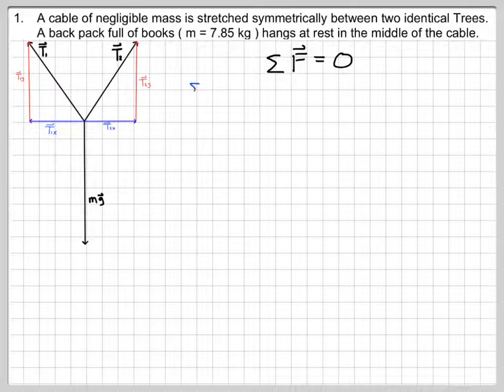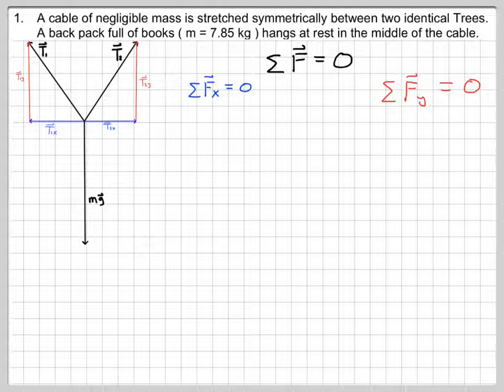The sum of forces in the horizontal dimension must add together to be 0. And then, let's just show you the other side as well. On the other side, we're going to consider another collinear vector sum, the sum of forces in the y dimension, equaling 0.